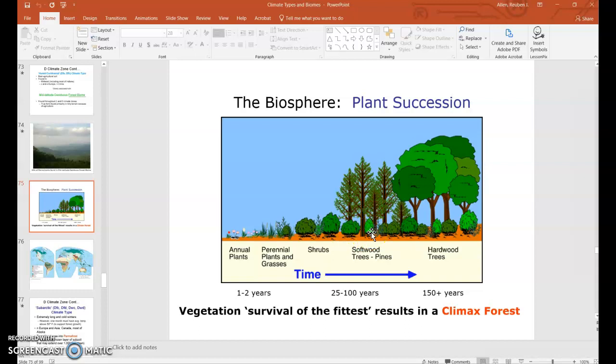In that process, they'll help to create a very acidic environment. The soil will be very acidic. And then because of that, only your sturdiest trees will kind of win out. And your sturdiest trees tend to be hardwood trees. And so in this particular climate type of humid continental, where there's no dominant season, your hardwood trees such as oak and hickory will eventually win out.